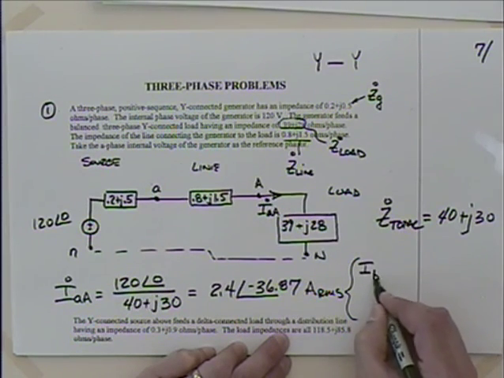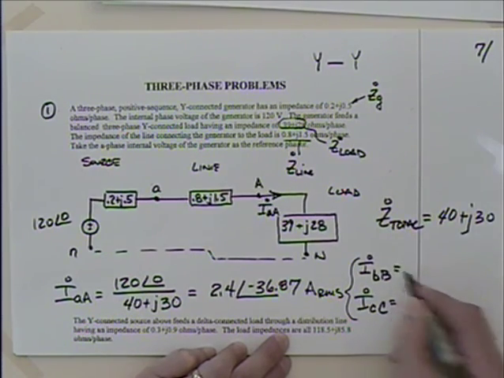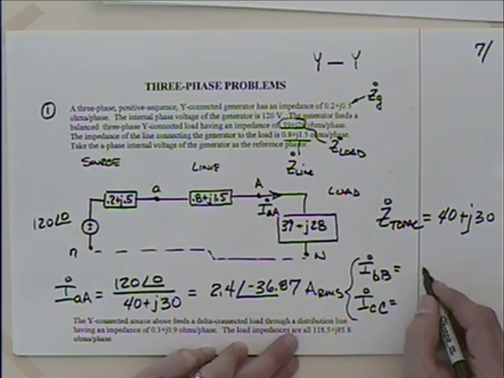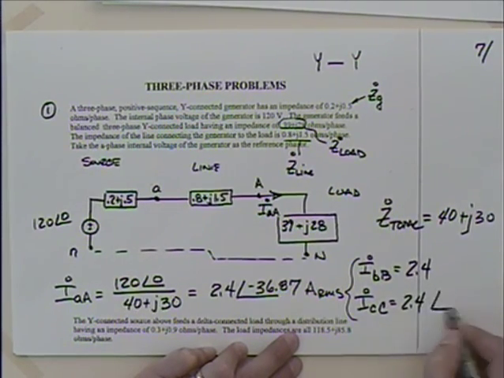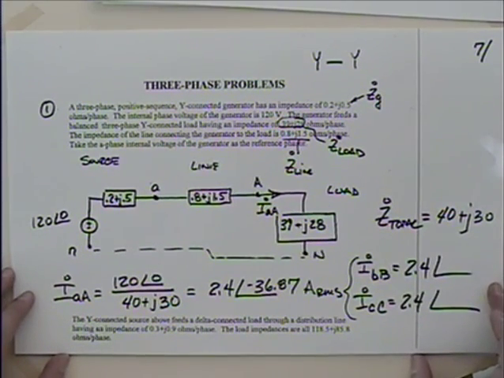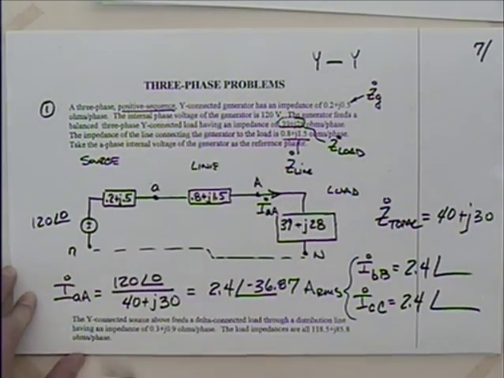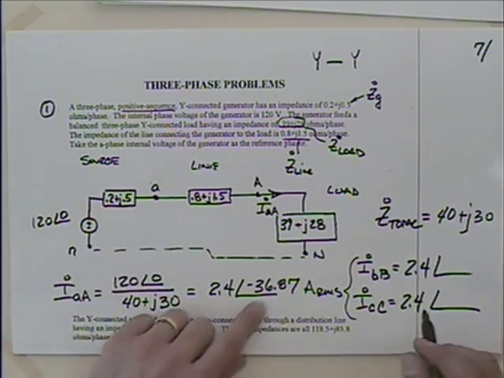What's I little b big B, and then I little c big C? Same magnitude, right? 2.4, 2.4, and then is it positive or negative phase sequence? Positive phase sequence. You got to read this for everything it's got, right? Positive phase sequence. So what am I going to do? Subtract 120.